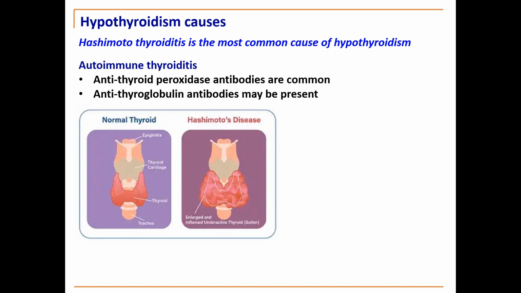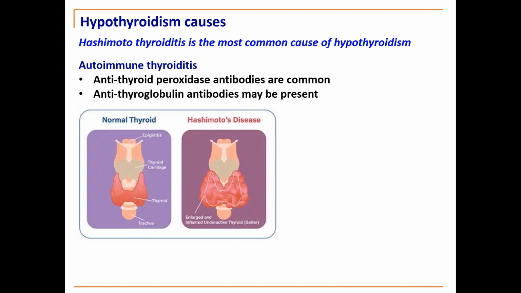If you see anti-thyroglobulin antibodies, they're targeting that thyroglobulin protein structure, a large protein scaffold inside the thyroid follicles. That thyroglobulin is where the iodinated tyrosine residues are stored and coupled to form both your T3 and your T4. So both of these antibodies, in particular the anti-TPO, are useful diagnostic markers.